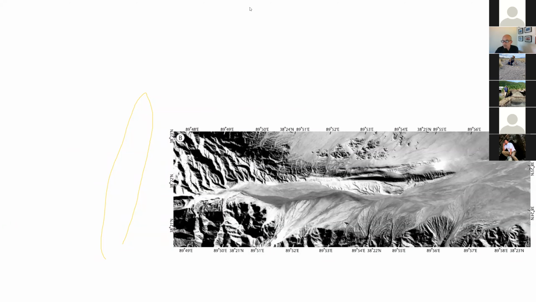They're higher, but they're also probably the oldest fans. And then this one would be intermediate. And then the youngest one is going out in here, and it's connected to the active channel. So this would be O, I, and Y for old, intermediate, young. And there wasn't any faulting in that area, right? That's right. This side is unfaulted.